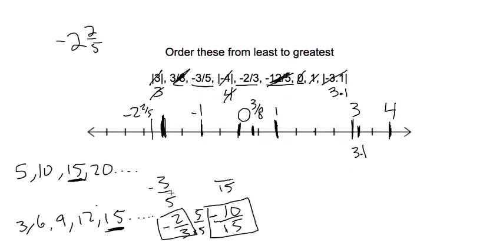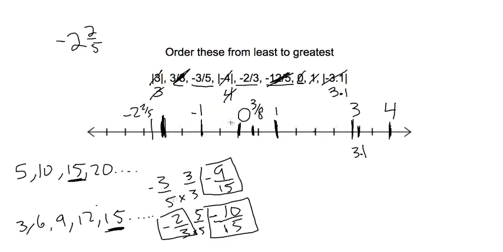Now with -3/5, again, we need to multiply by something to get to 15. So we're going to multiply by 3, but we want to keep the same value, so we multiply by 3/3. So 5 times 3 is 15, 3 times 3 is 9, and it is still negative. So we know that -3/5 is equal to -9/15.